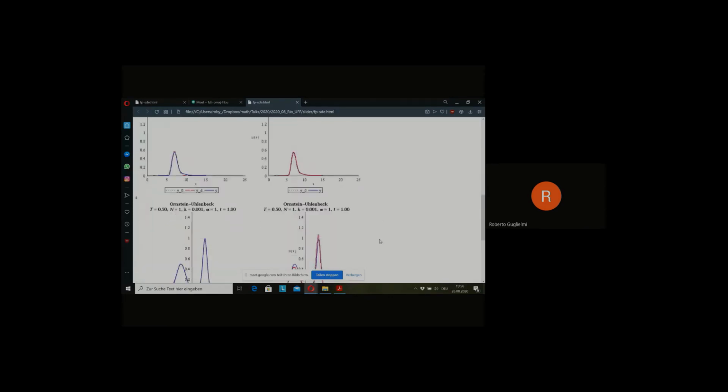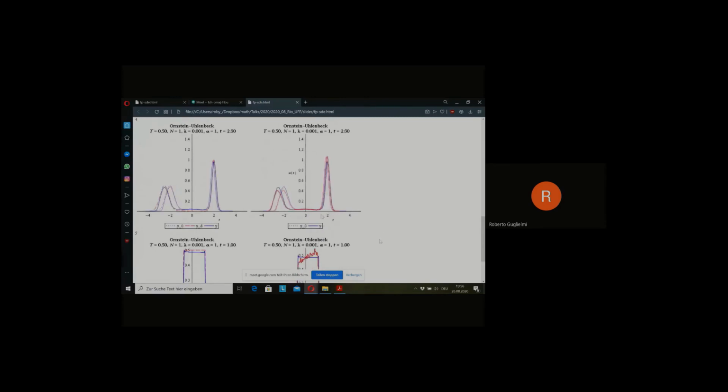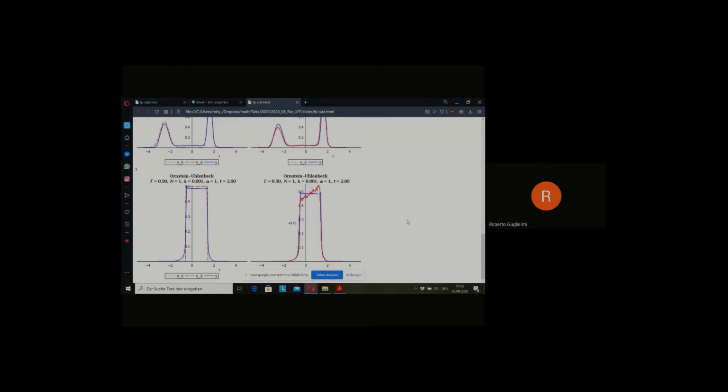Similarly, for the Shirev problem, here you can see the Ornstein-Uhlenbeck again, where the target has two peaks, and also in this case the stochastic process tracks very well. And also the case of a non-smooth target. So in all these situations, the stochastic process behaves very well when we plug in the optimal control that we find for the Fokker-Planck equation.